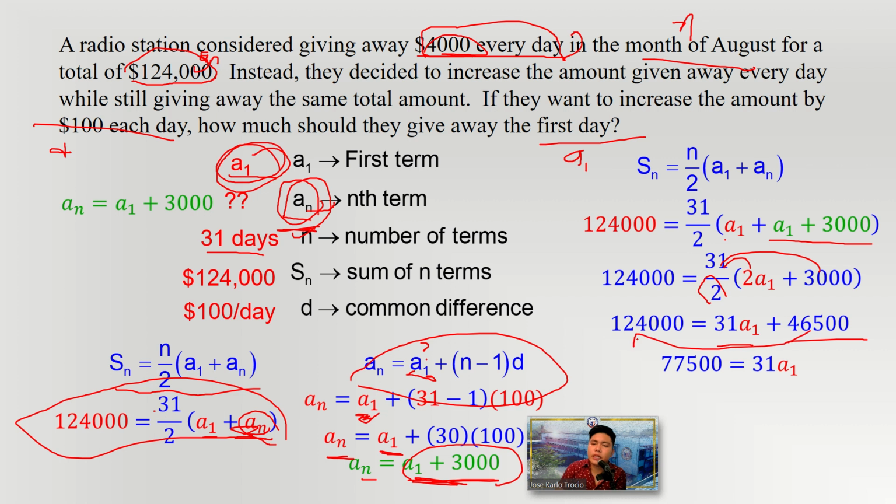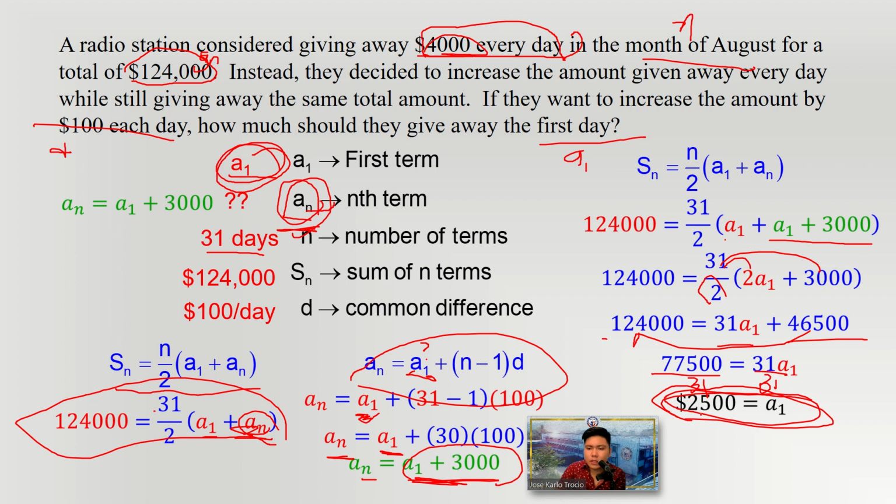Transpose to the other side, minus 465, that is now 77,500. Divide it by 31 so that we are only left with a sub 1. 77,500 divided by 31 is 2,500. So they should start giving 2,500 on the first day.